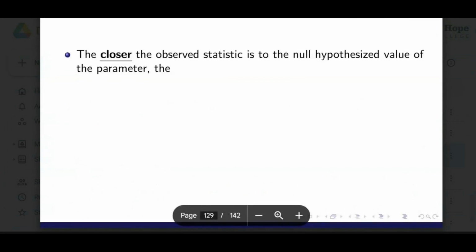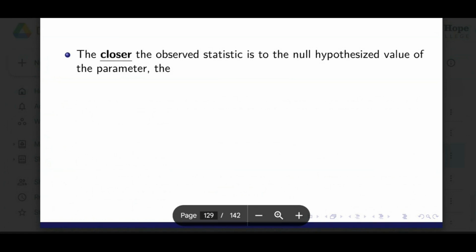The closer the observed statistic is to the null value, in other words, the closer the red is to the blue, can you finish the sentence? The stronger or the weaker the evidence against the null? The closer red gets to blue, the stronger the evidence against the null or the weaker? What do you think?